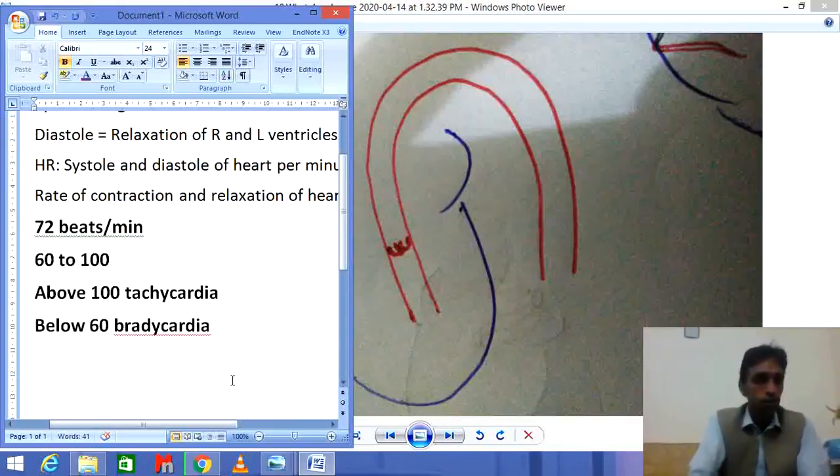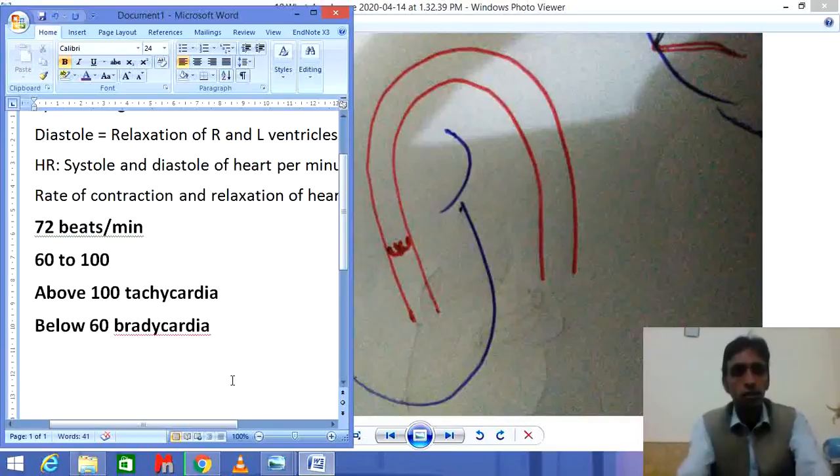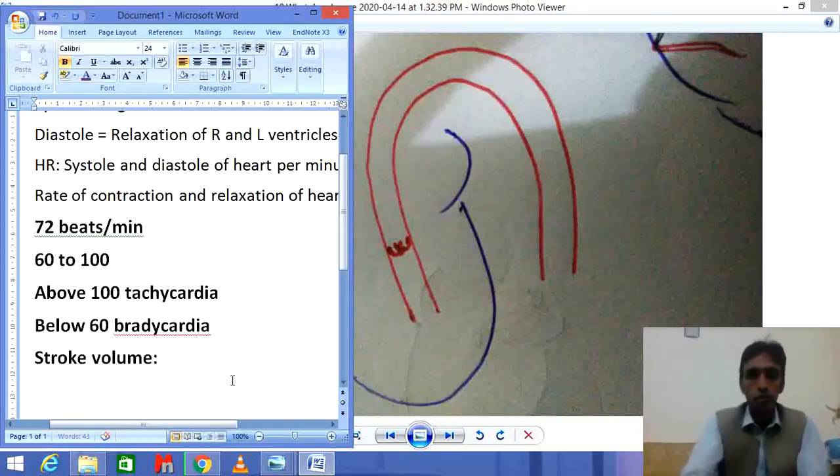Now another terminology is the stroke volume. What is stroke volume?